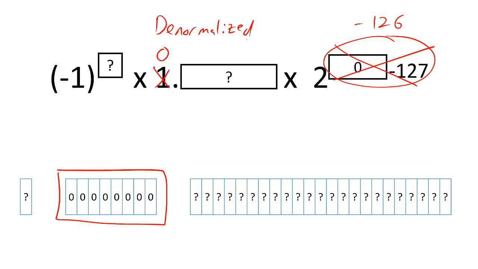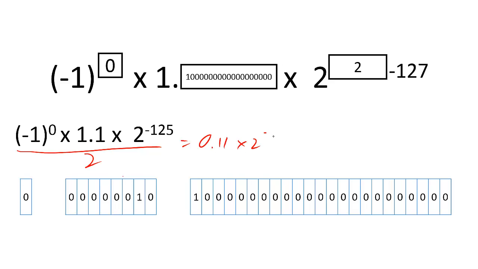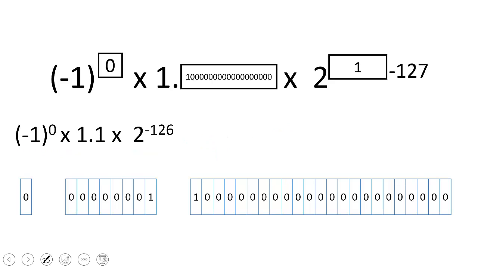To better understand this, let's look at an example. Suppose we have the number 1.1 times 2 to the negative 25th, and we divide that number by 2. We could float the binary point 1 to the right to maintain the normalized assumption of a 1 in front of the binary point. Now let's divide this new number by 2.